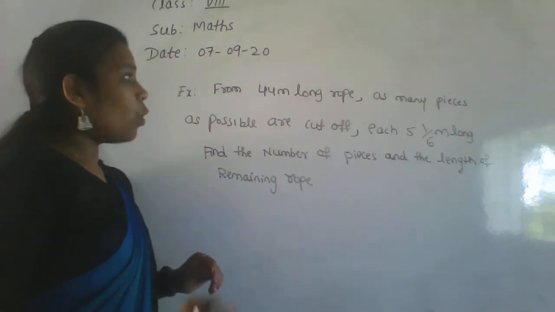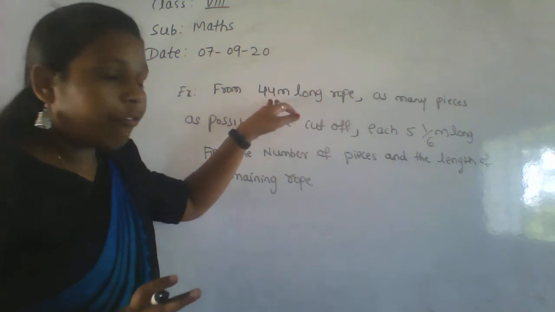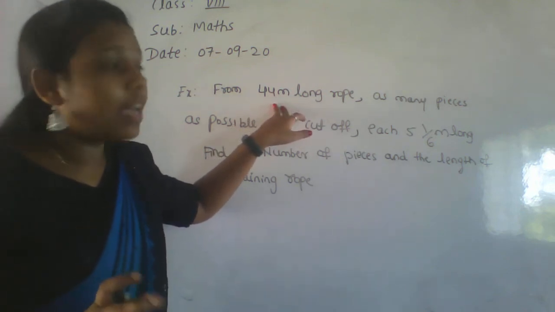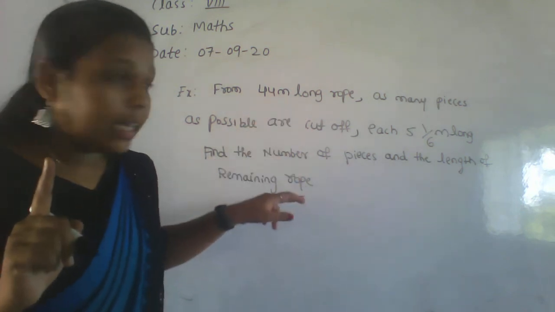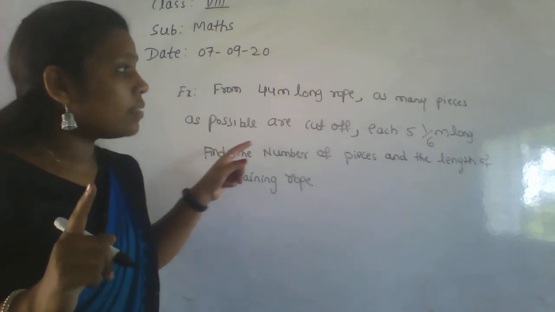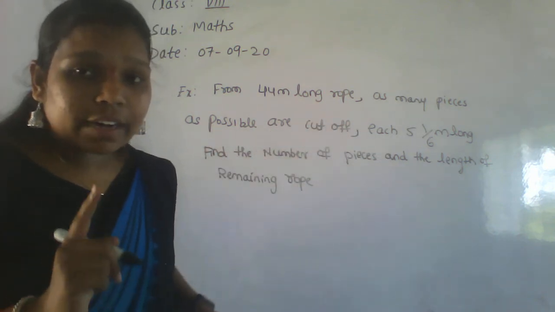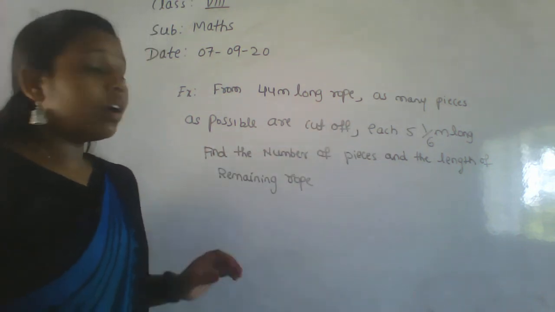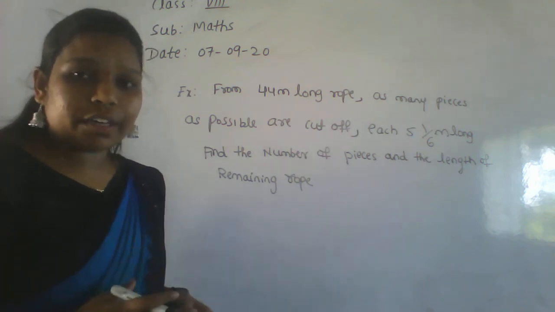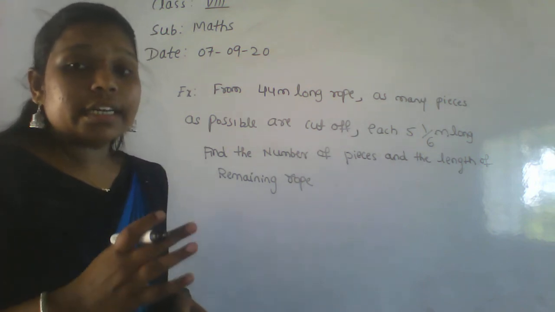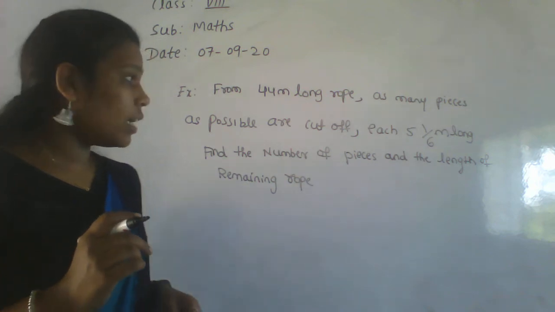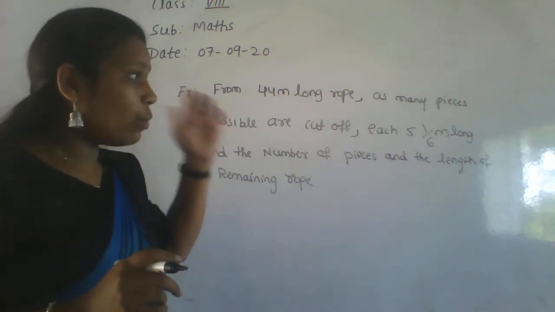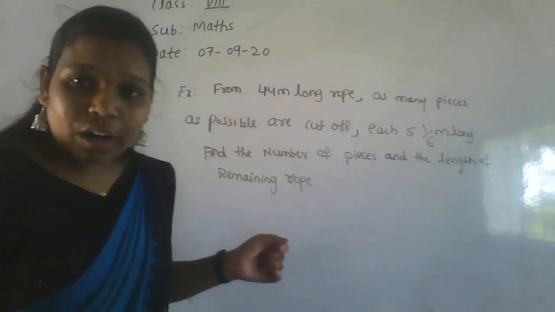The total length of the rope is 44 meter. And what is the length of each piece? That is 5 integer 1 by 6. So you have to find the number of pieces. After that, you have to find the remaining length of the rope.